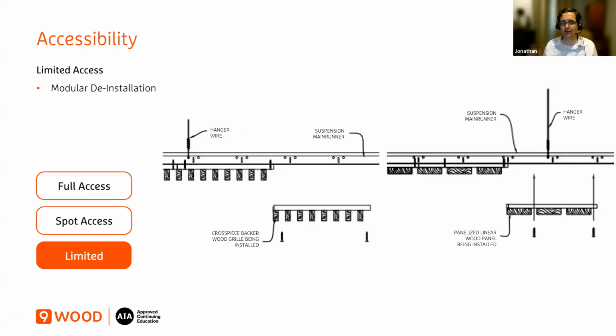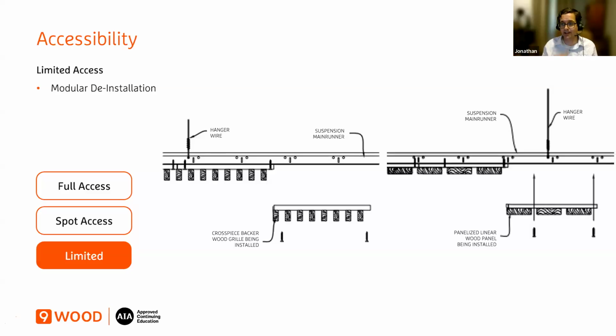Maybe there isn't budget for other access solutions, and there's no plan to really get up there on a regular basis, but maybe there's a concern about an emergency situation or a rare situation. I want to at least know I can get up there if necessary. These two different products can provide that. On the left, a panelized grill, on the right, a panelized linear, and you can deinstall them. And maintenance can get up there to get access.